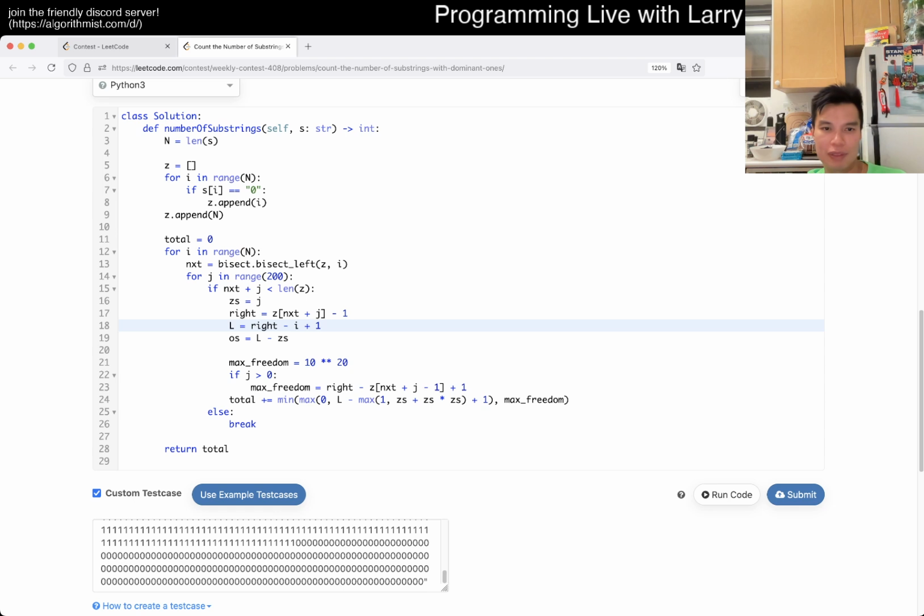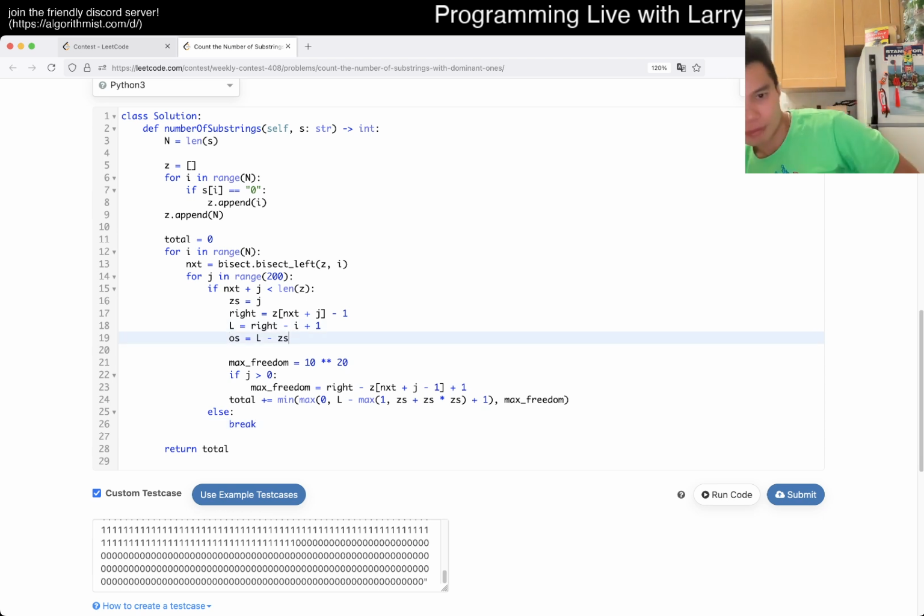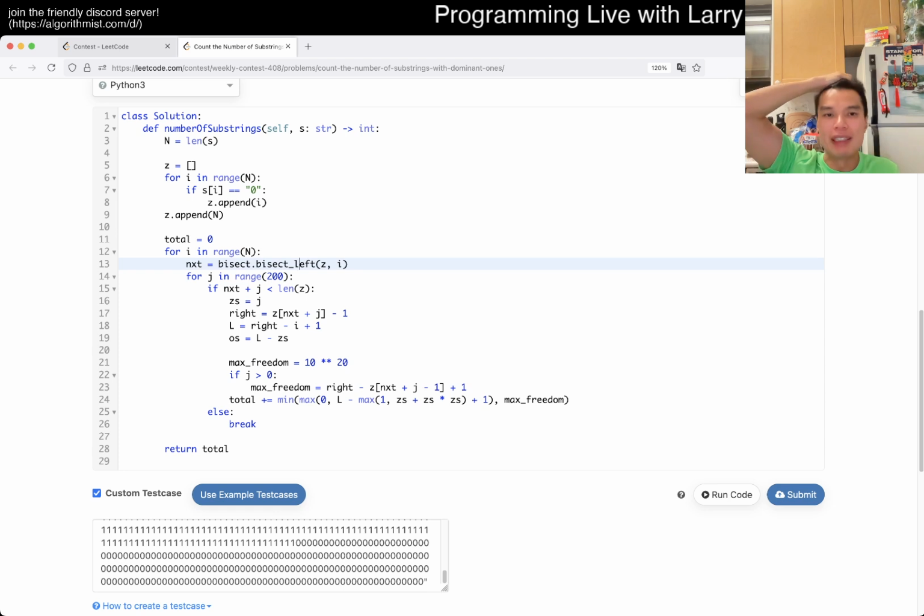So then in theory we just sum all this to this, right? And I guess you can write a formula for that to make it slightly faster, so then it'll be all of z's. But yeah, I don't know.